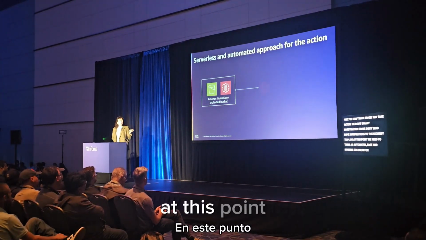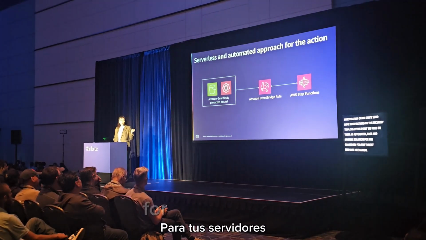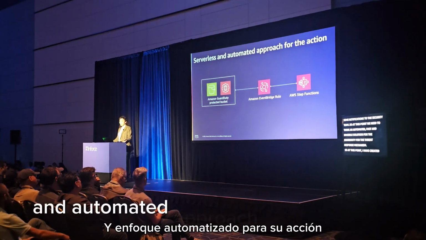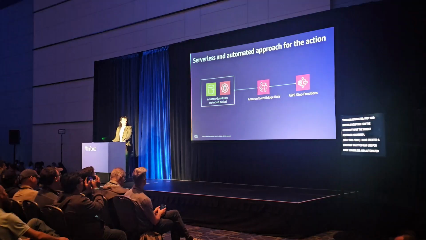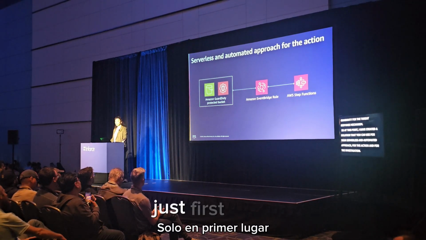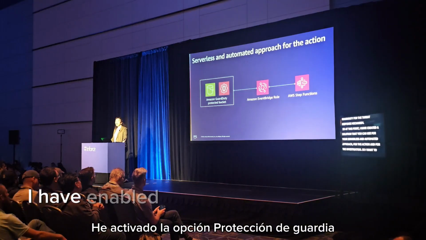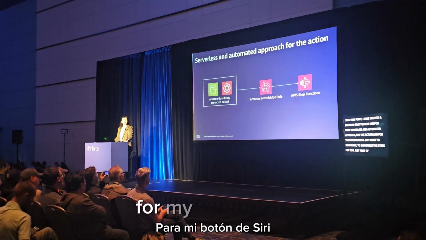At this point, I have created a solution that you can use for a serverless and automated approach for the action and the investigation. I want to summarize the steps for you. First of all, I enabled the GuardDuty protection option for my S3 buckets.